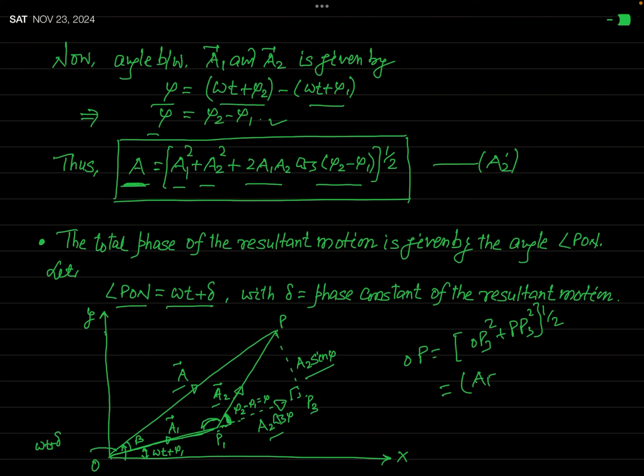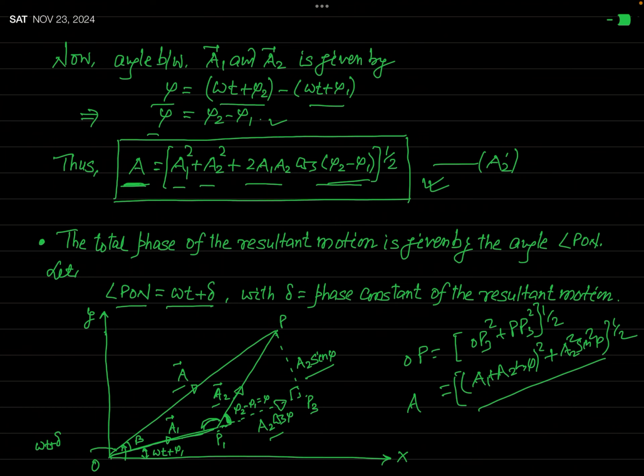So this is (A1 plus A2 cos phi) whole square plus A2 square sin square phi, and whole to the power half. And this OP is actually A. So simplifying this, you will again get this result. Here phi has been written in place of phi 2 minus phi 1.